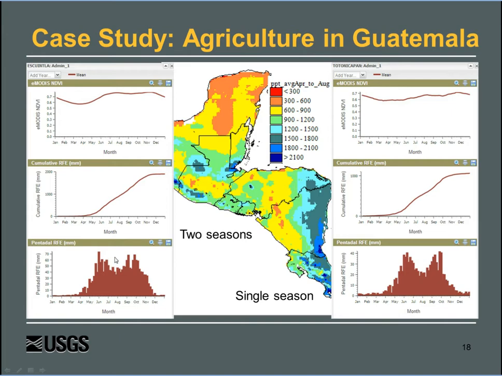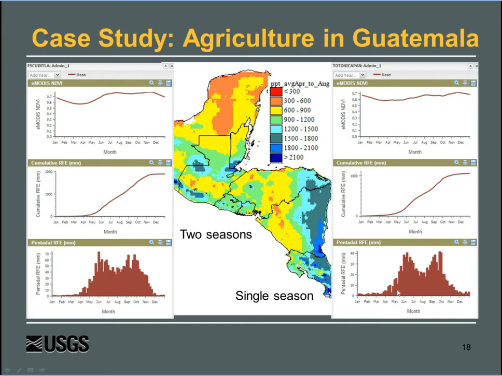So what this region does is they plant in late April or May, and they harvest in July, right before the midsummer drought. And then there's another season starting in late August or September. That's in the south, while in the highlands they only have a single season due to temperature.